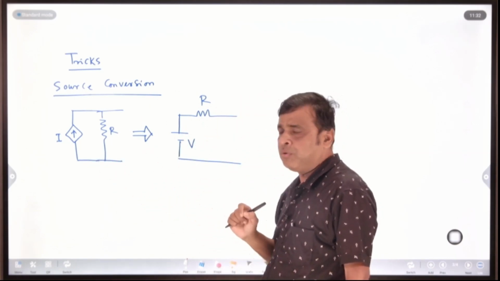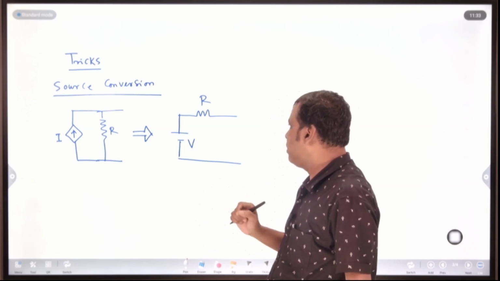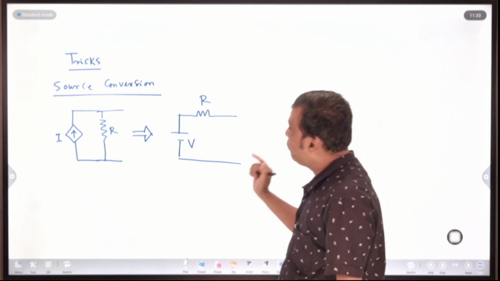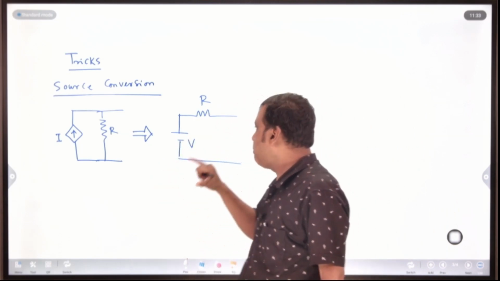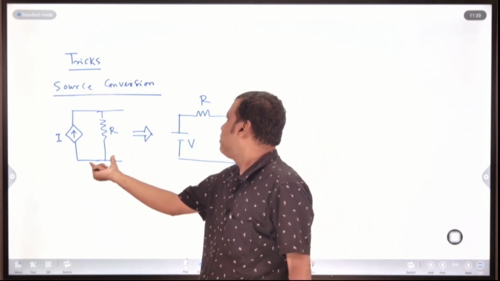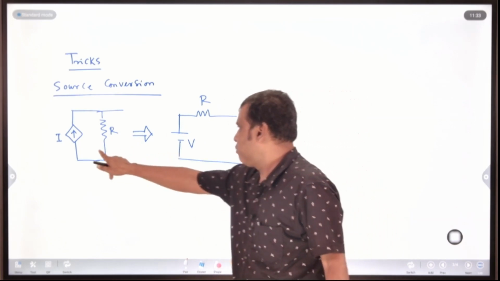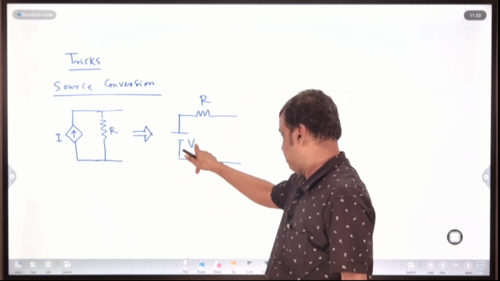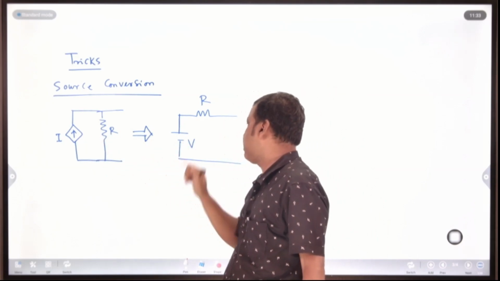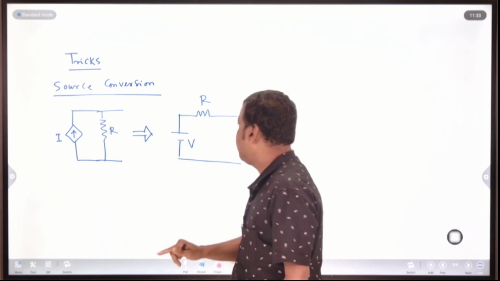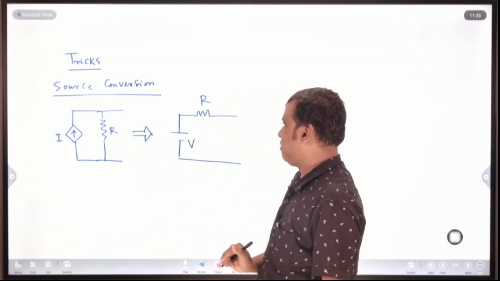When we calculate using Maxwell's loop analysis or mesh analysis, first of all, if there is a current source in a problem, convert it into a voltage source. Like this one, the current source parallel with resistance gives voltage I into R, with the direction minus to plus upward, and the resistance will be in series.